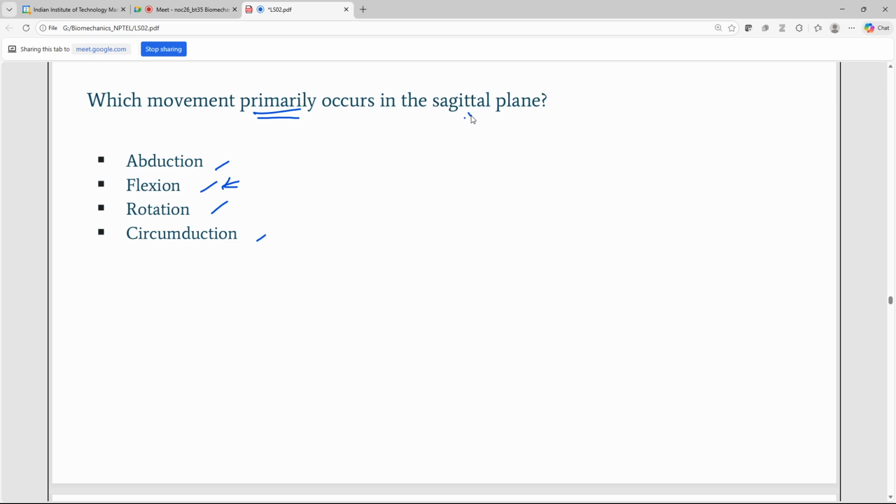Flexion and extension of the elbow, flexion and extension of the knees, flexion and extension of the neck. There you got three examples. Not just the sagittal plane, for any plane, if similar questions come, you can recollect more than one movement occurring in that plane, and in that way think in reverse order and find the answer. So here the answer is flexion.